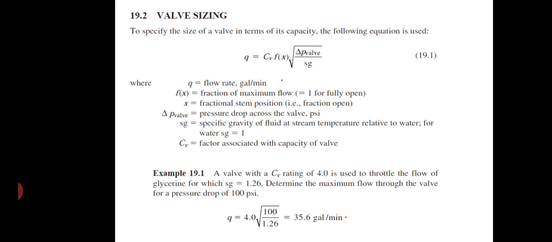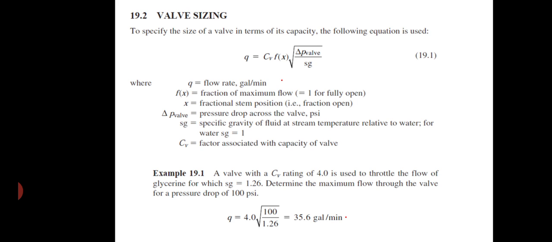This is the SG. So these terms are defined as: Q is the flow rate, F(x) is the fraction of maximum flow, x is the fractional stem position, delta P is the pressure drop across the valve, SG is the specific gravity of the fluid at stream temperature relative to water, and Cv is the factor associated with the capacity of the valve.